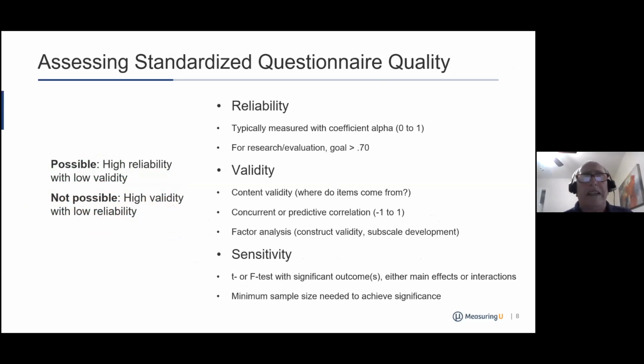Now, when you assess quality, the top two are assessments of reliability and validity. And throughout the 20th century, techniques were developed for trying to get at those characteristics of a standardized instrument.